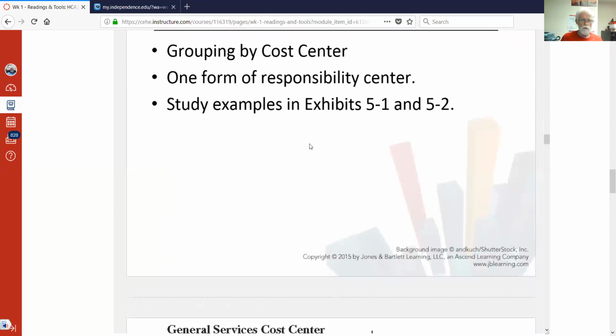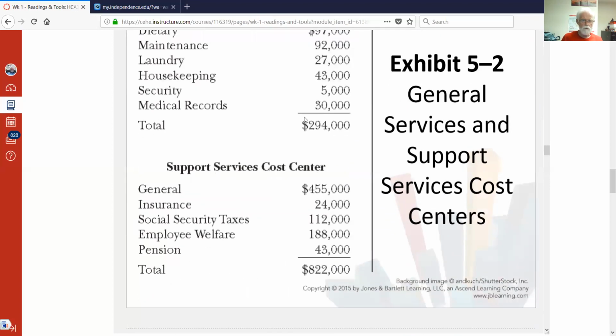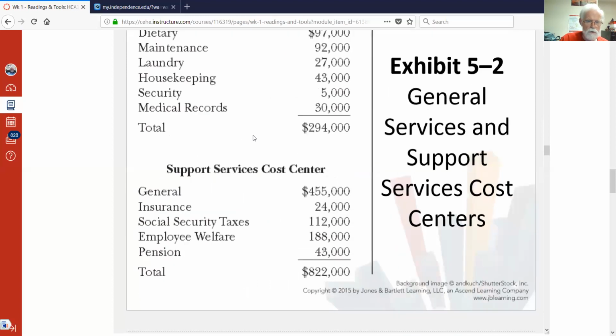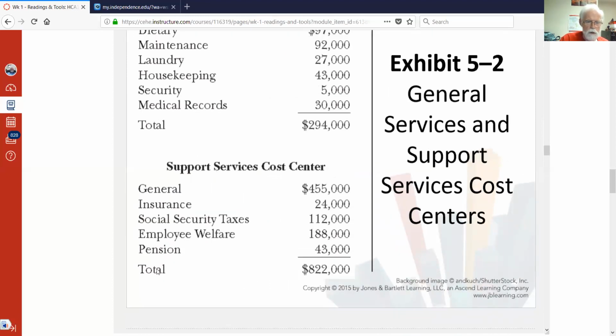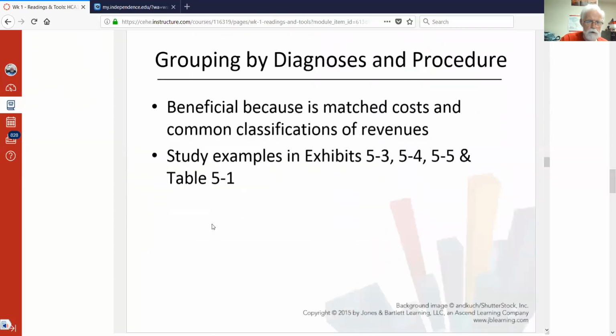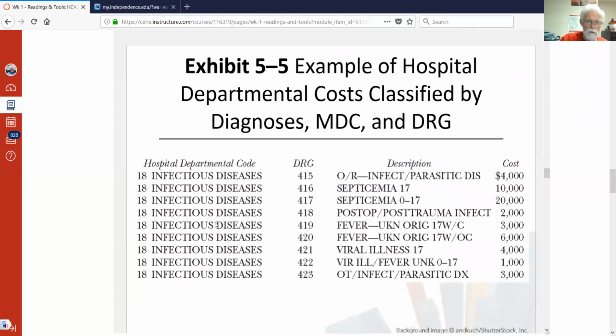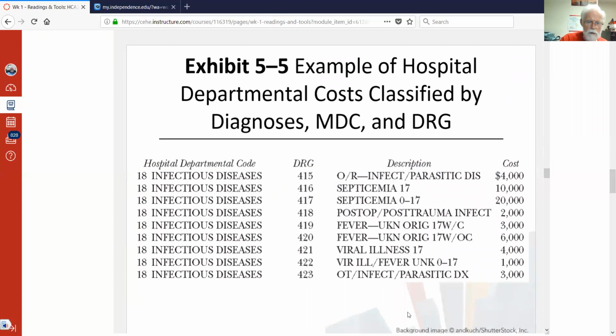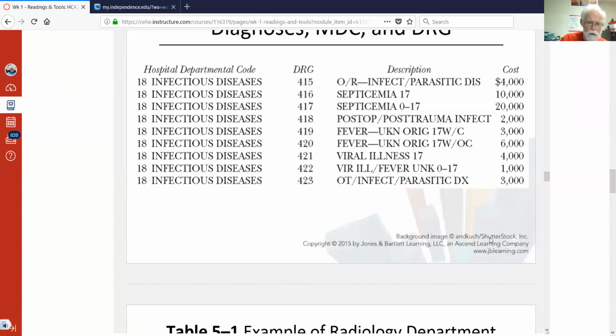So we use various forms of groupings to look at this. General services, say in a healthcare system, might include all of these different costs. Support services, take a look at this: pension payments, Social Security taxes, etc. So we can look at things by diagnoses, or DRG, and currently by the cost code.